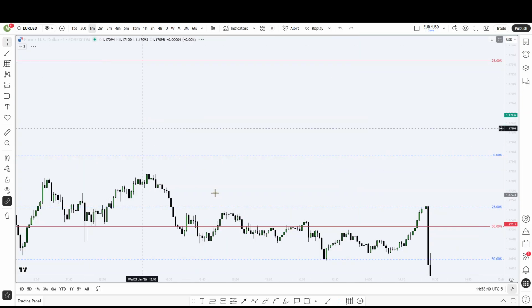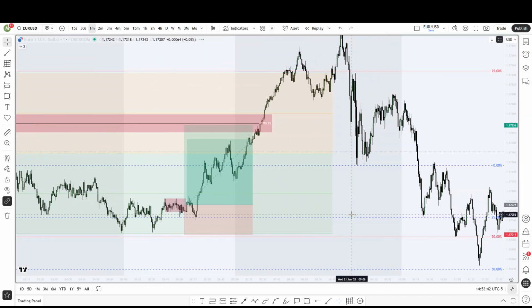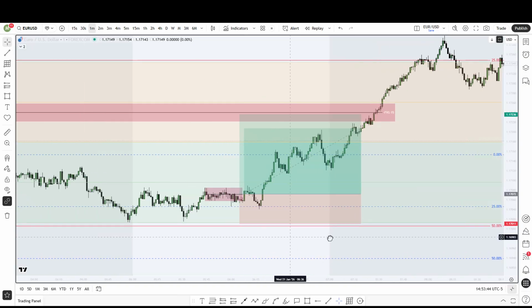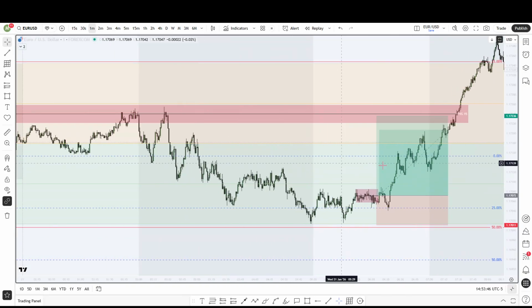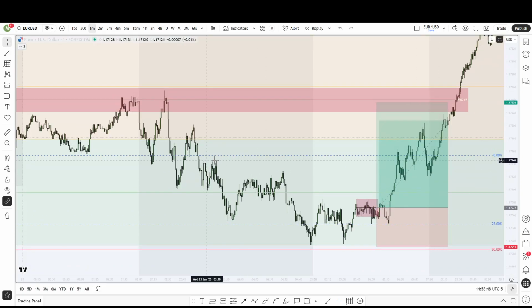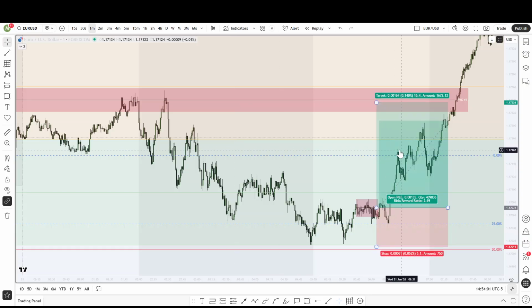What I did, I took some partials because I wasn't that sure. Because here are a bunch of equal highs at the start of the bearish value gap going down, and here on the 1 minute you can see the bearish value gap that the price reacted to, as you can see, by a small retracement.